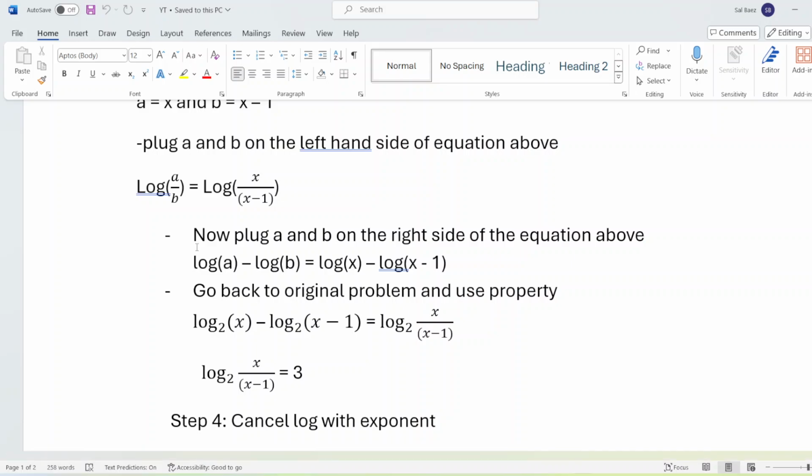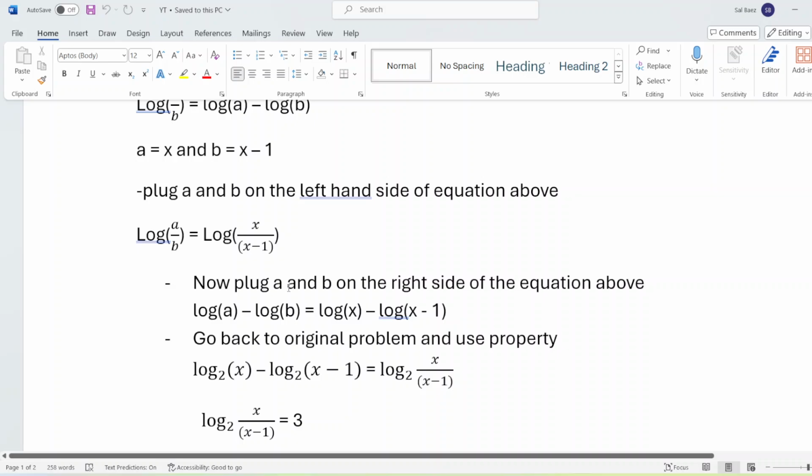And again, always go back to the original problem, because a lot of times with this, you can get lost. Something like this, right?